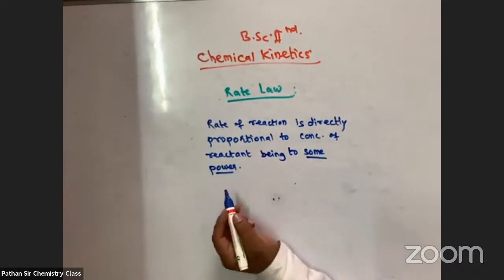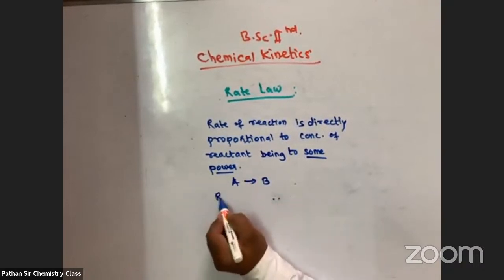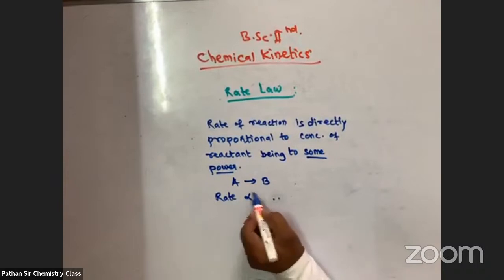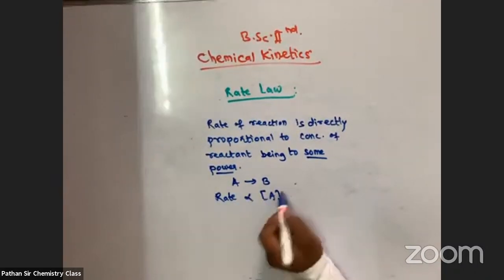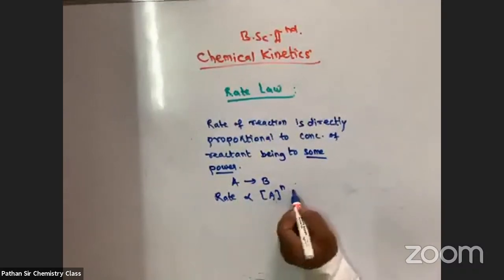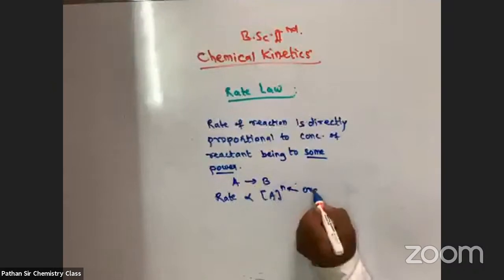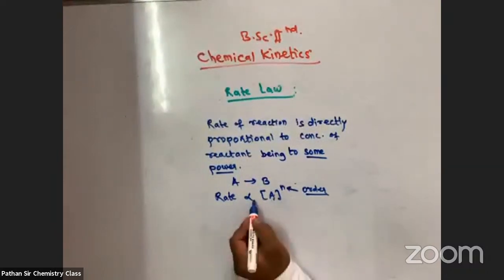For example, say your reaction is A gives B, then its rate is directly proportional to the concentration of A, that is the reactant, and it is raised to some power, say n. So this n here is the order of reaction. Now this is a proportionality sign.